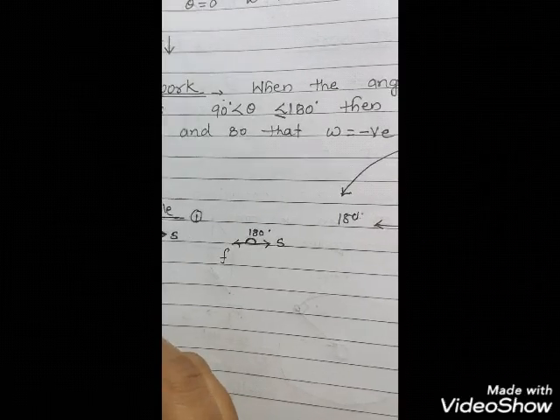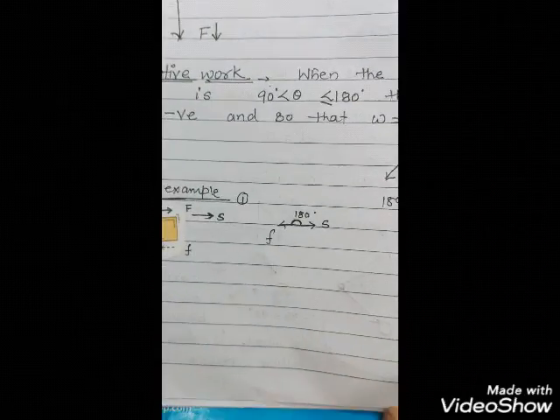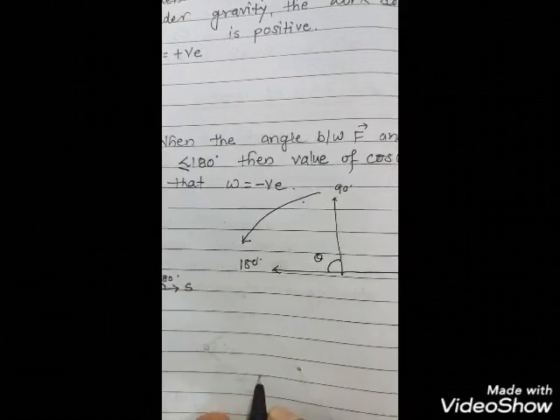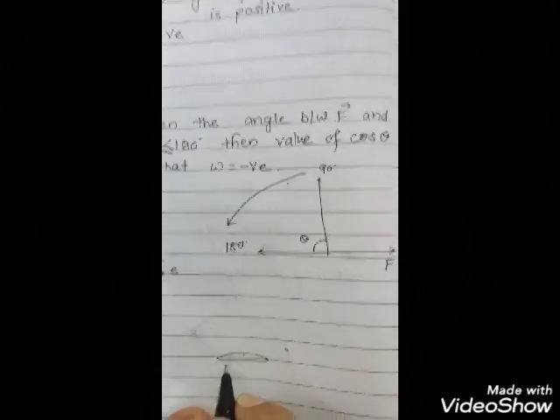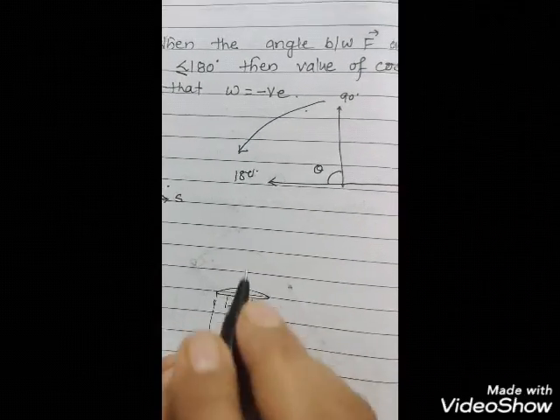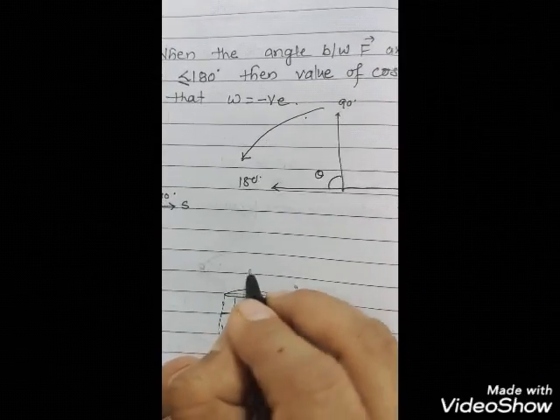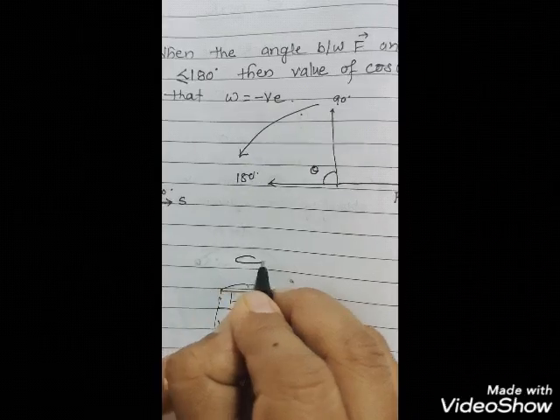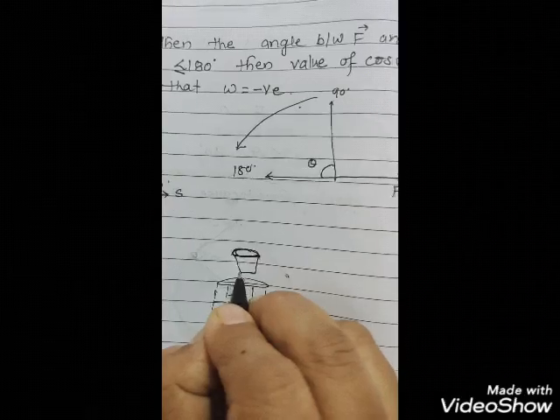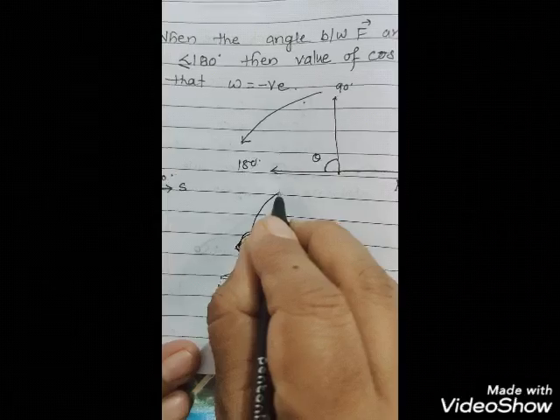In the next case, when we pull a bucket of water from a well, suppose a well is here like this, and from this well a bucket of water will be drawn with the help of a pulley.